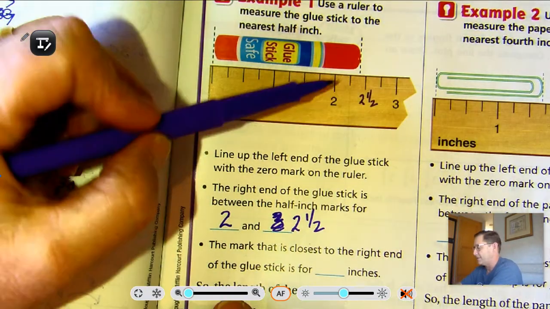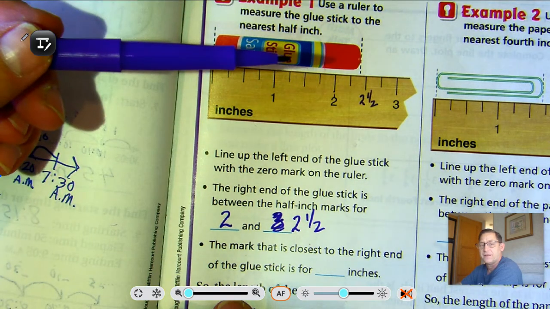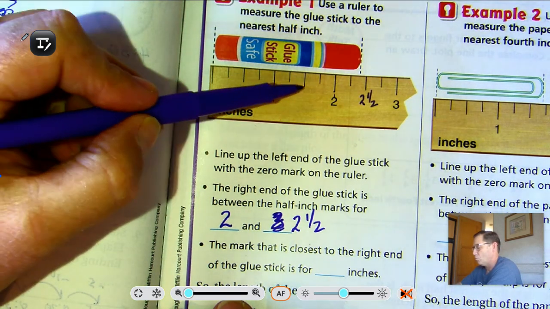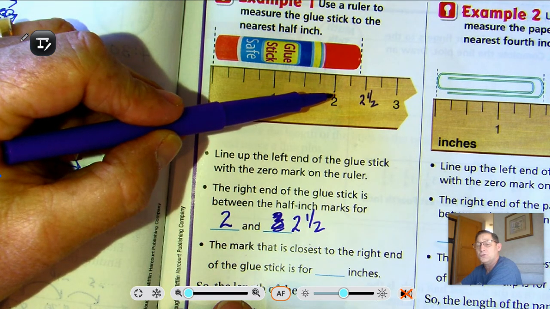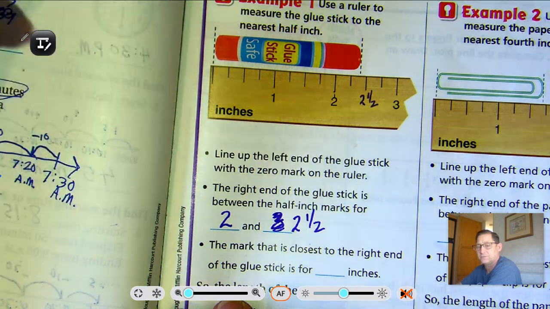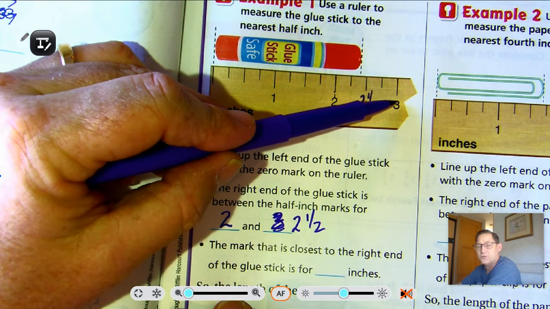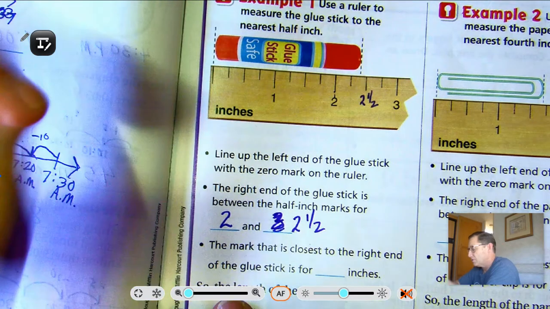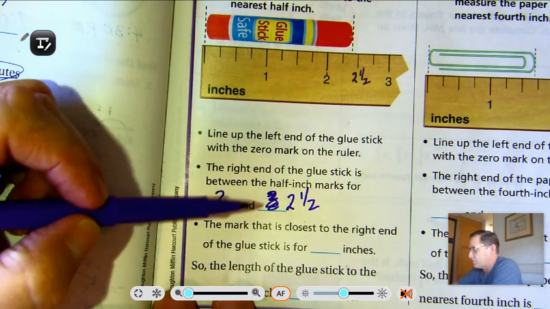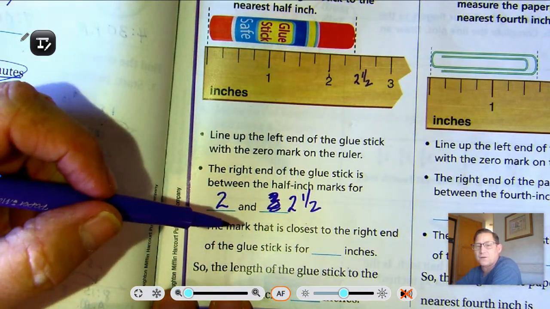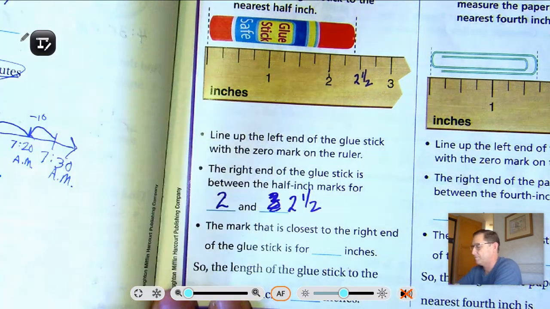So the glue stick is between 2 and 2.5, because we go 1, 1.5, 2 2/2, which is 2 wholes, then 2.5, then 2 2/2, which would be 3. So where is the mark that's closest to the right end of the glue stick? Is it closest to 2.5 or 2?